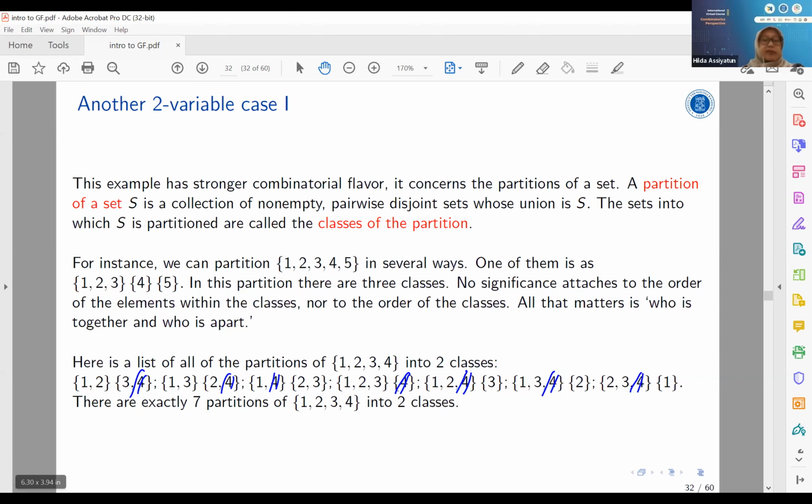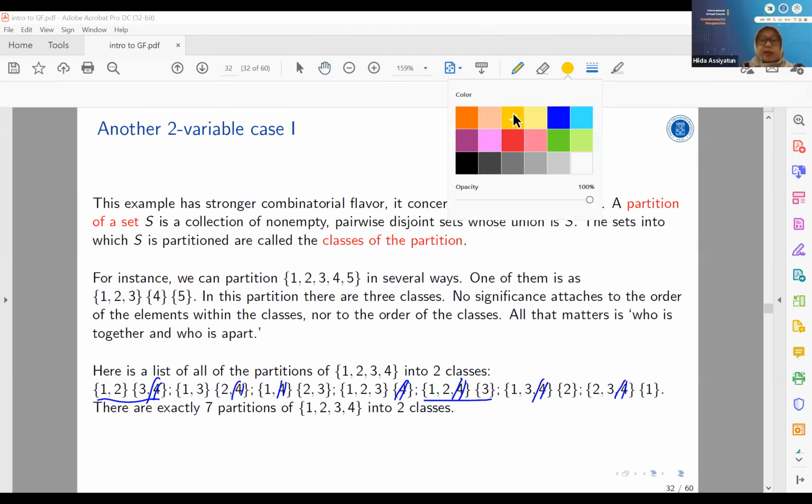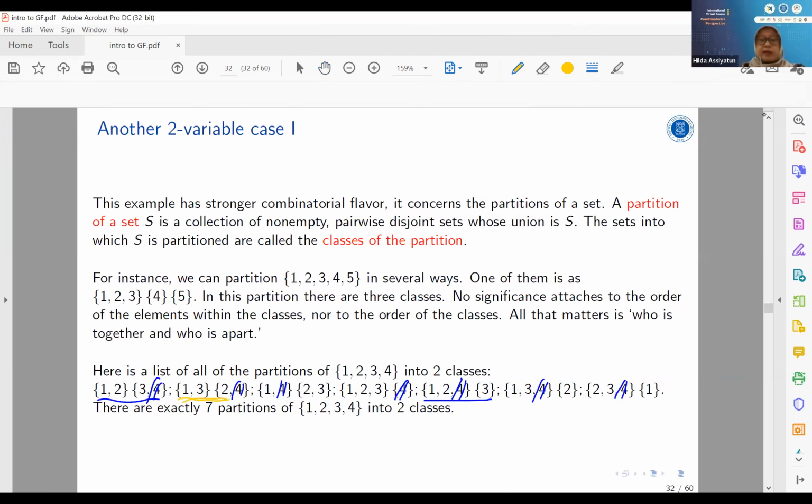But we see here that this partition appears twice. This partition appears twice. And this one as well.